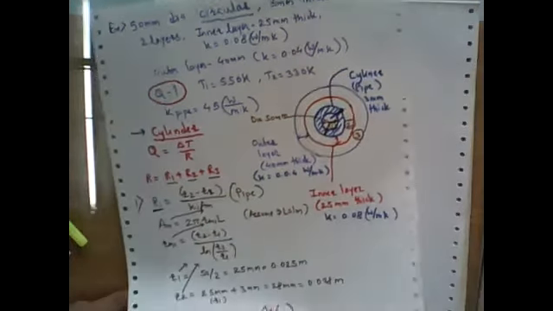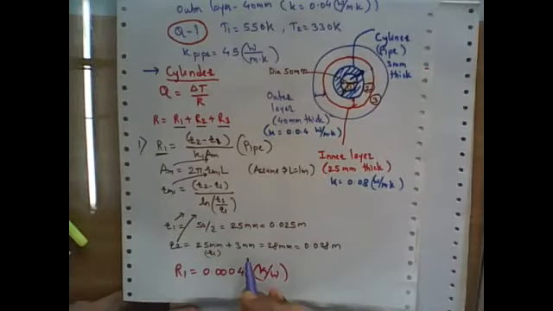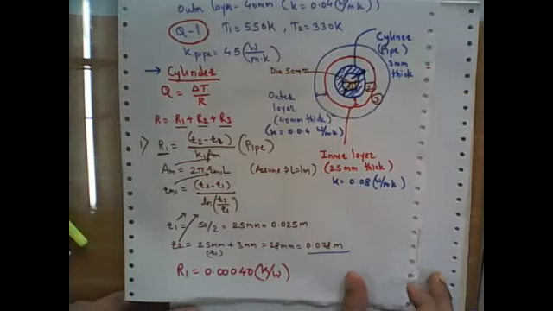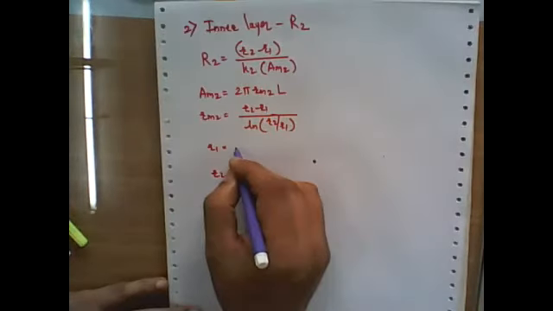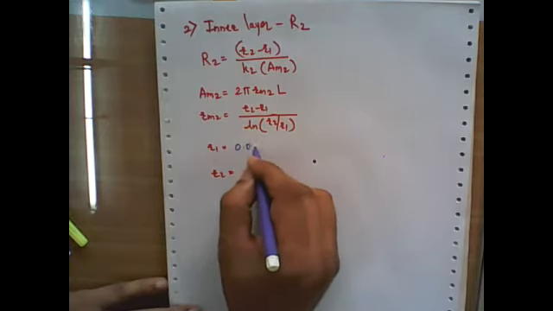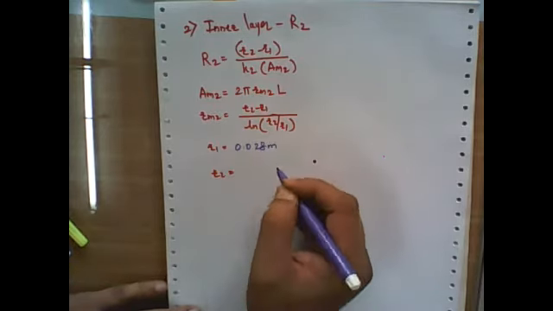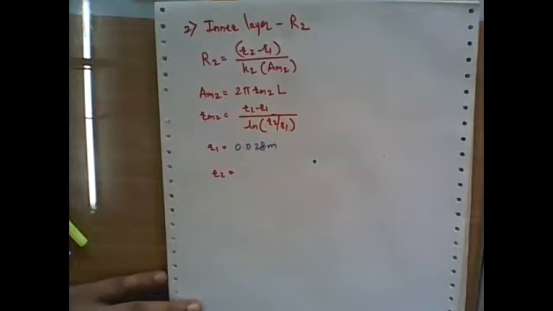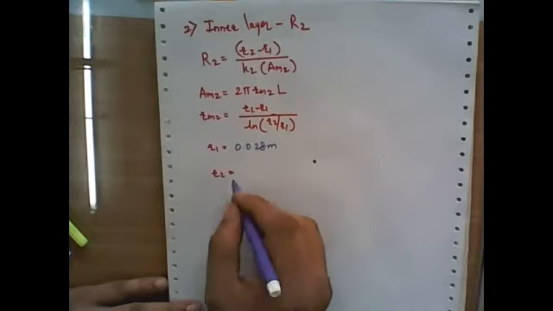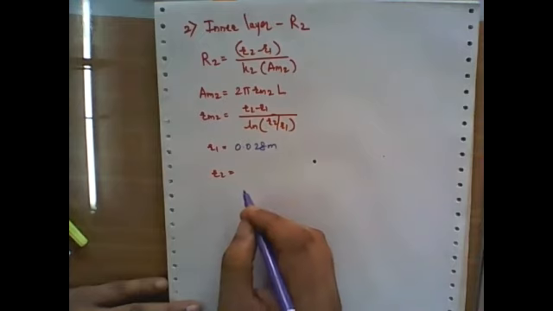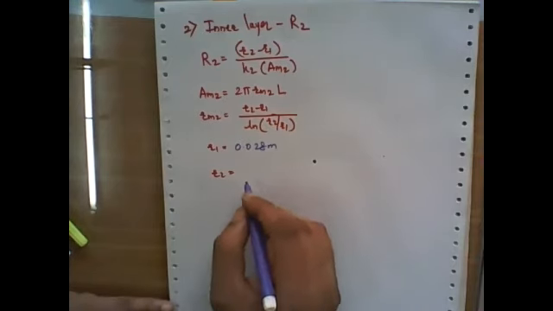We have already calculated the outer radius of the pipe is 0.028 meter. So that value becomes r1 for the inner layer of insulating material, right? Now to calculate r2, the thickness of insulating material is given as 25 mm.